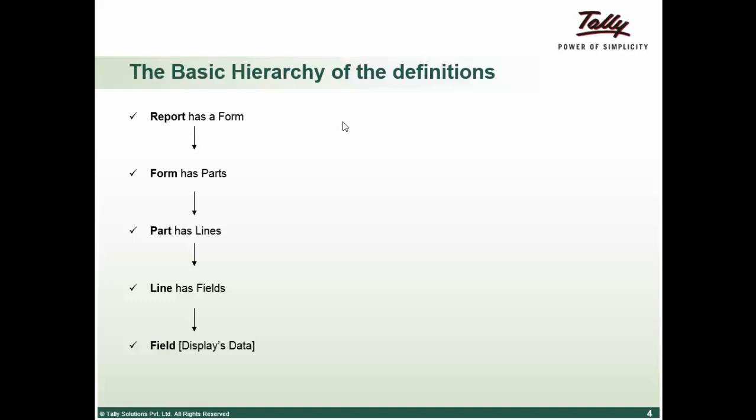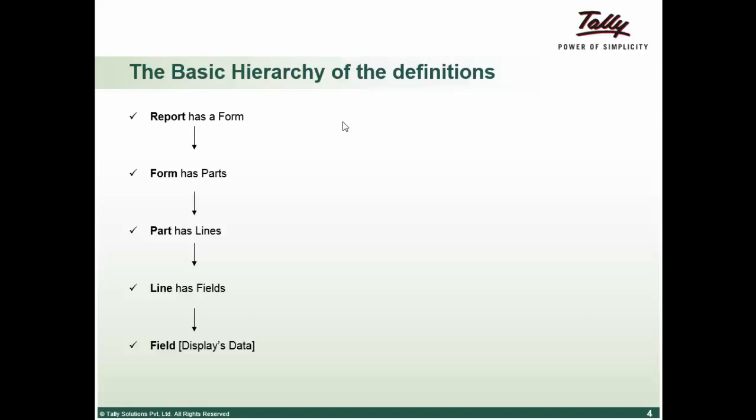The last line in the hierarchy should contain a field. A field can further contain more fields. At the end, the last field in the hierarchy can display the data or allow you to enter the required data.